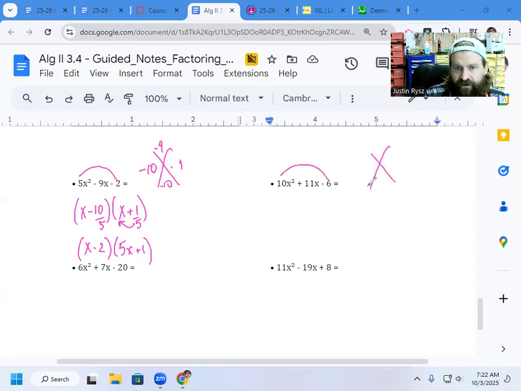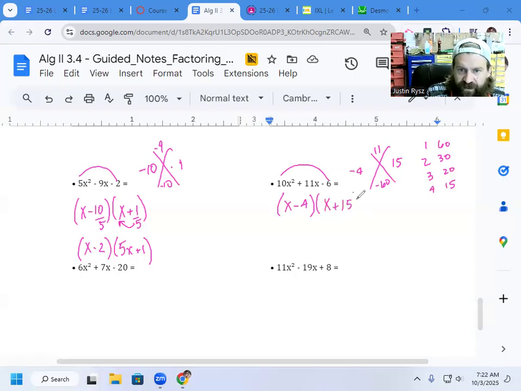Okay, next one here. Multiplies to get negative 60, adds together to get 11. One's going to be positive, one's going to be negative. Let's see, 1 and 60, 2 and 30, no. 3 and 20, no. 4 and 15, yep, that's the combination. So 4 and 15. 15 is the bigger number, it's going to stay positive, 4 is going to be negative.